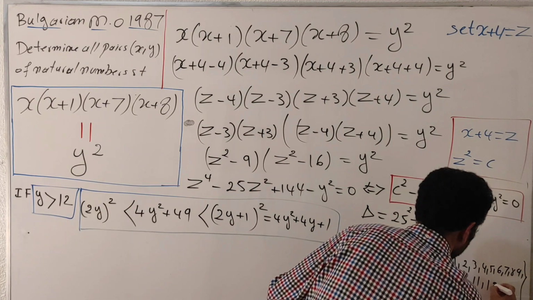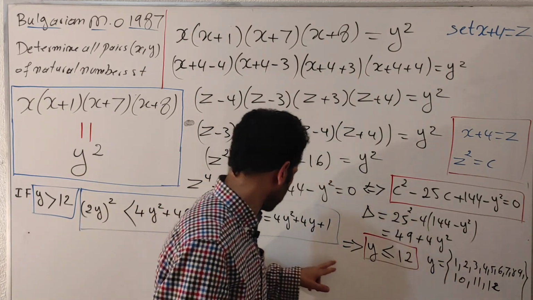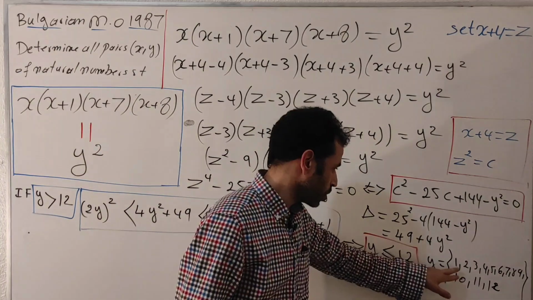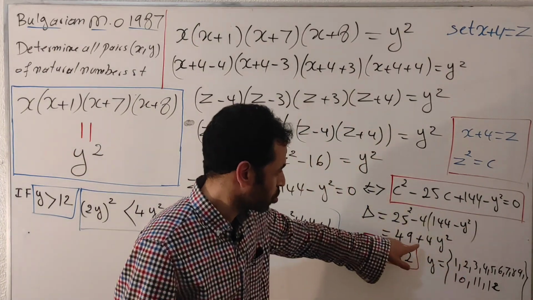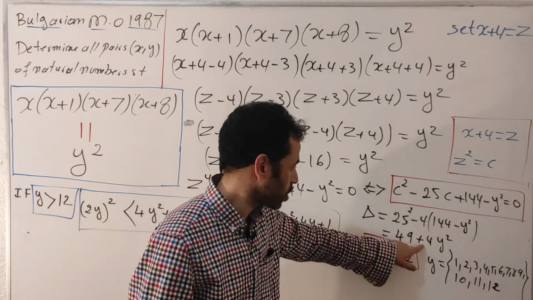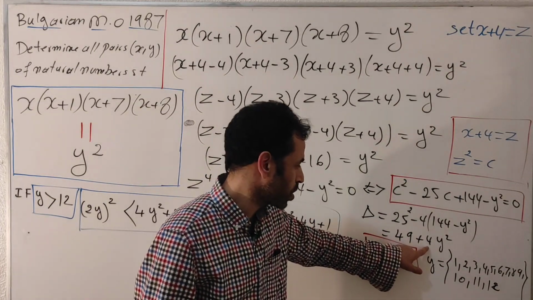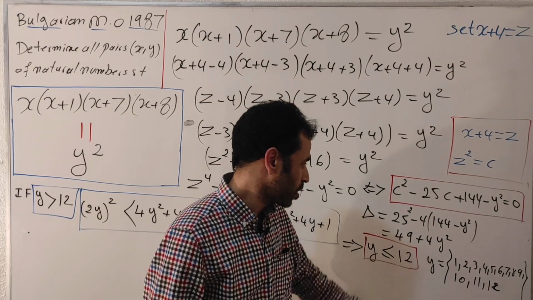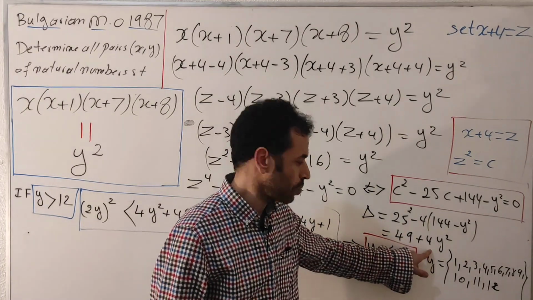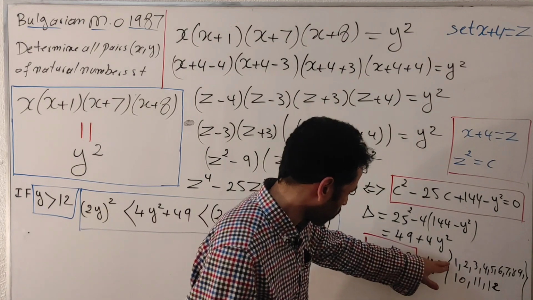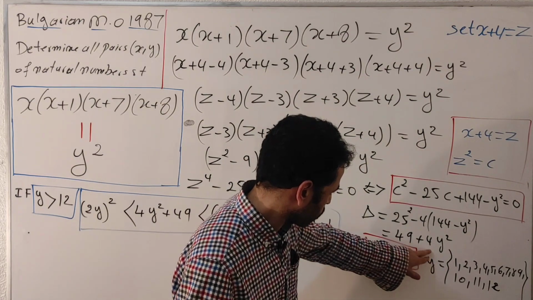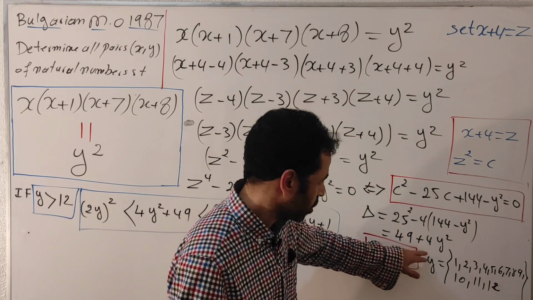Okay, to check all these values to see if you have a perfect square or not, just simply take these values of y and insert them here into delta. If it gives you a perfect square, that means we have a solution for this equation. If it doesn't give a perfect square, that means it is not a solution. So if you check number 1, it's not going to work, because 49 plus 4, which is 53, is not a perfect square.